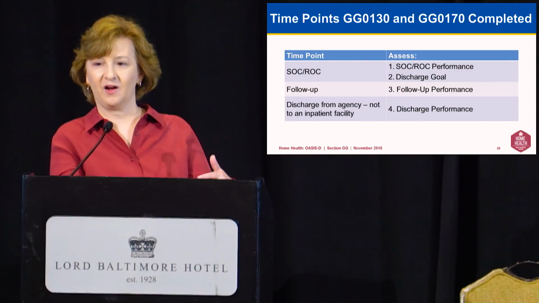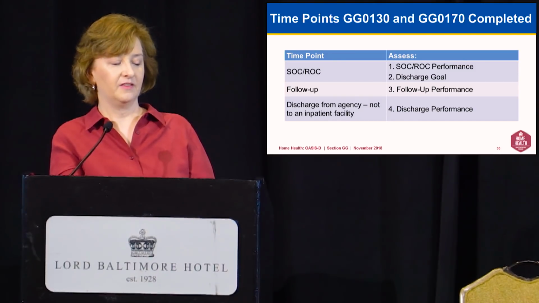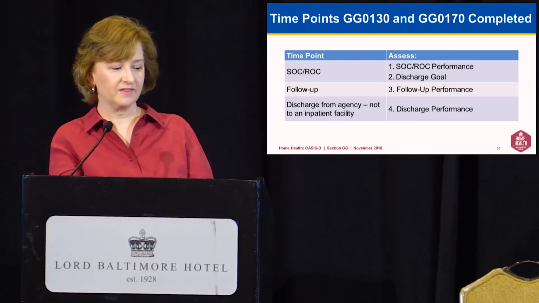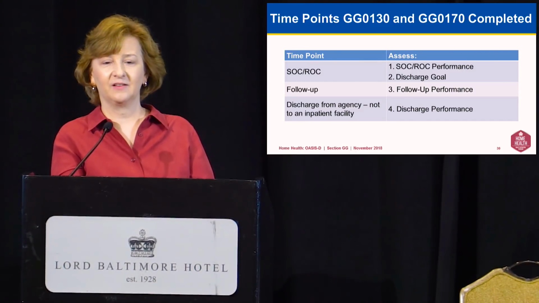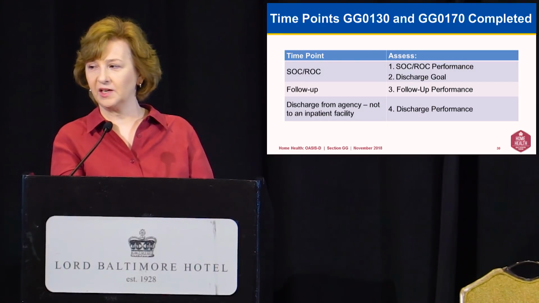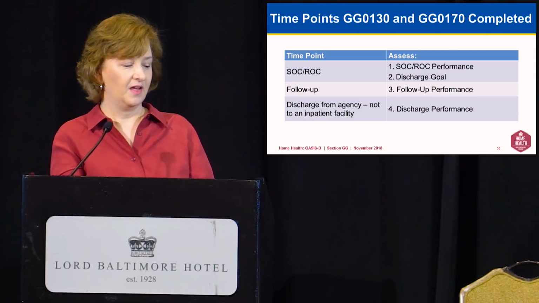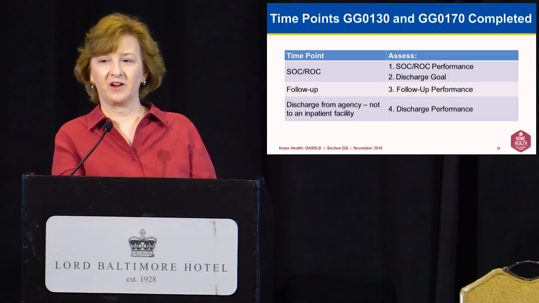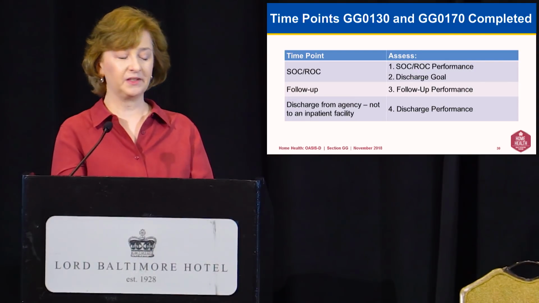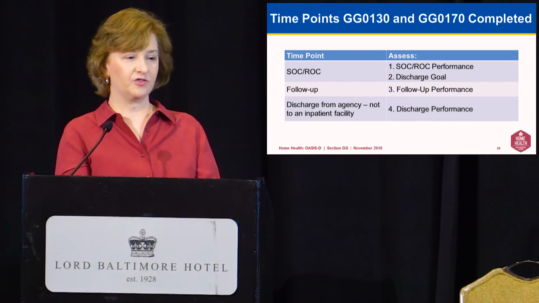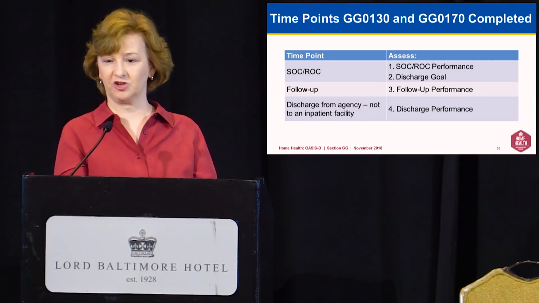So just in terms of how this relates to time points, at Sock Rock, you would be completing the Sock Rock performance. Also on the Sock Rock, you would be documenting the patient's discharge goal in relation to any of the self-care or mobility activities. At follow-up, you would be reporting follow-up performance on a select group of items of self-care mobility. And then discharge from agency, not to an inpatient facility, you would be completing discharge performance.